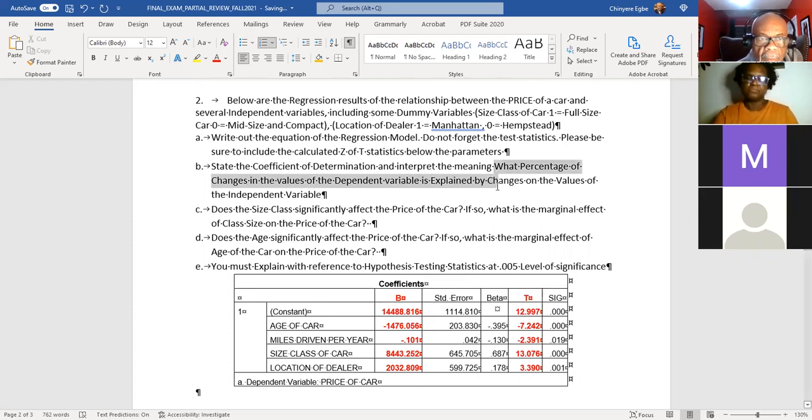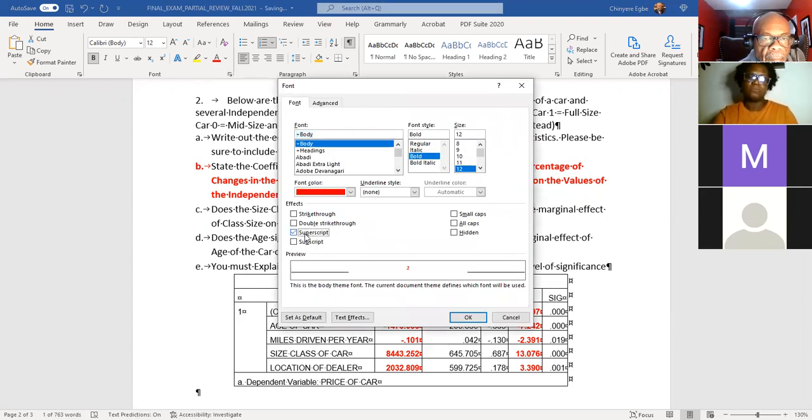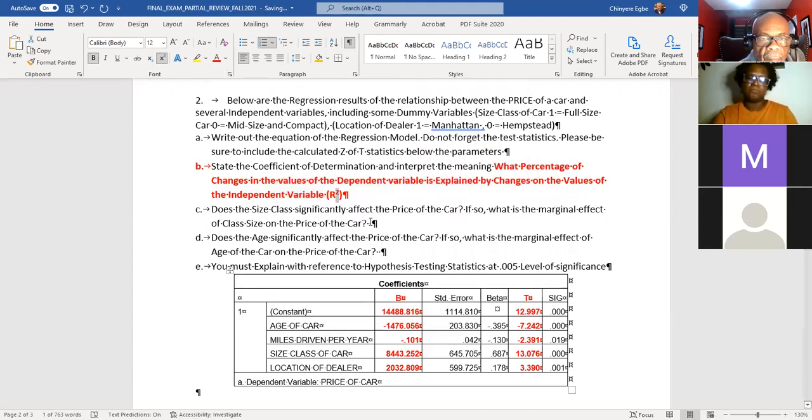If I ask you for that, please explain that to me. And you're going to see the R squared. So that is your coefficient of determination.